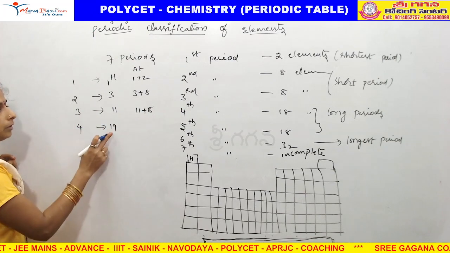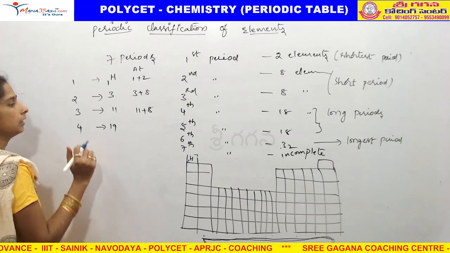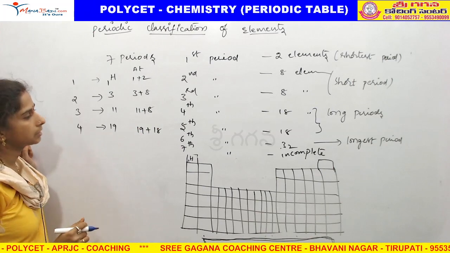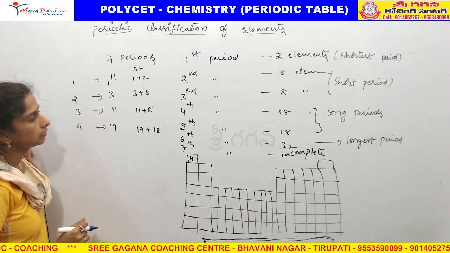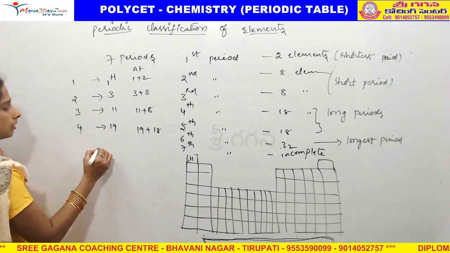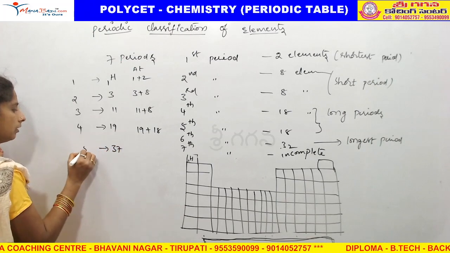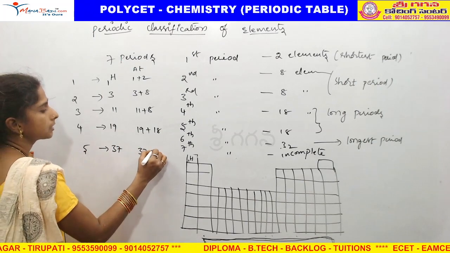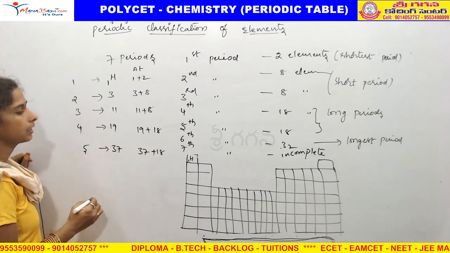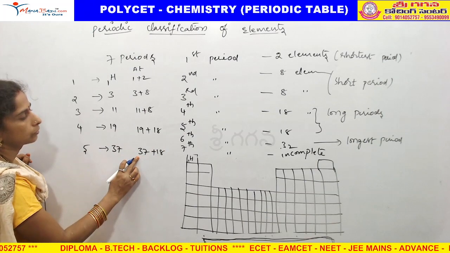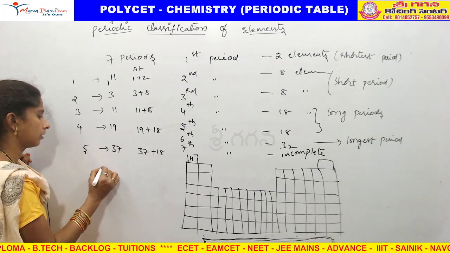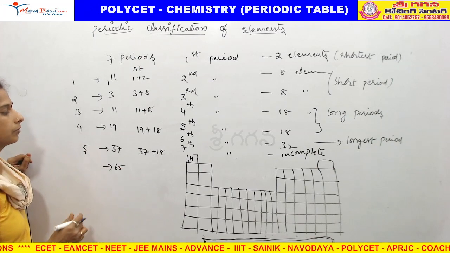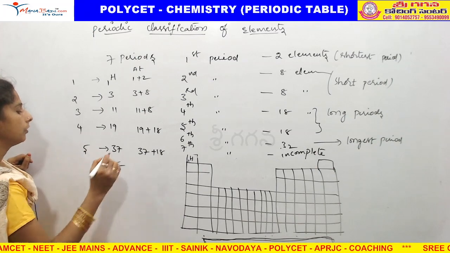In the fourth period, the first element is the 19th element. 19 plus 18 is the 37th element. 37 plus 18 is 55.